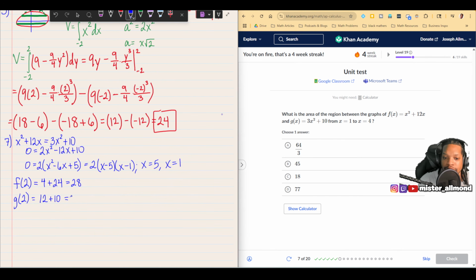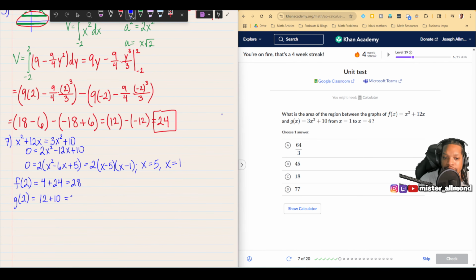So when I integrate, it should look like this: my top function, which is x squared plus 12x, minus the bottom function, which is 3x squared plus 10. Okay, so literally I just got to integrate this, and that should be my answer.